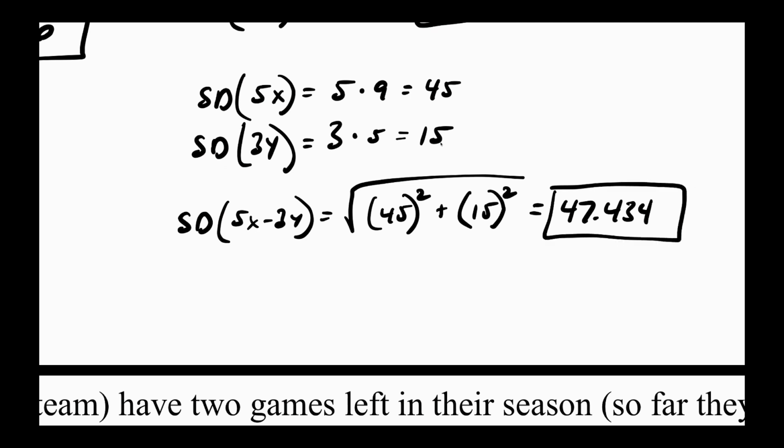So 45 squared plus 15 squared, add those together, take the square root, we get 47.434.